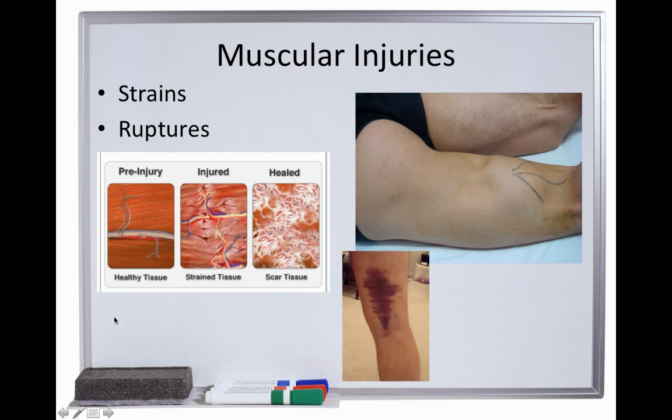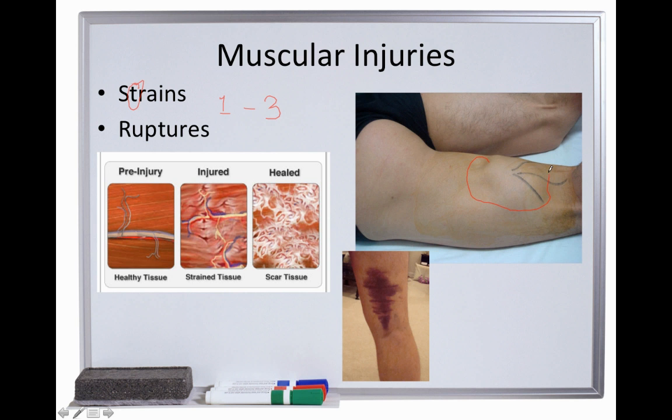Moving to muscle injuries, so now we are talking about strains and not sprains. Muscle strains still follow the same grading as ligaments, so grades 1 through 3, with 1 being some separation of the fibers, and 3 being a total rupture. So here's an example of a hamstring tendon rupture.